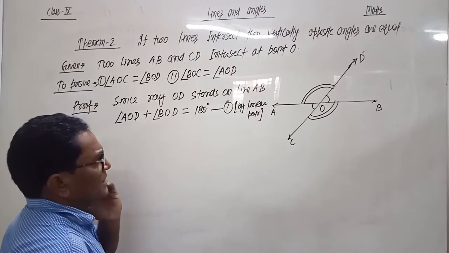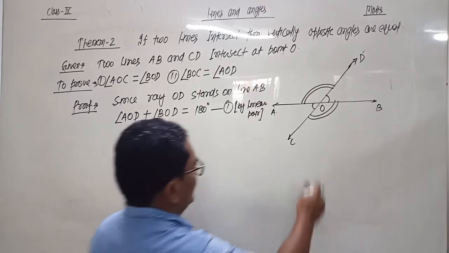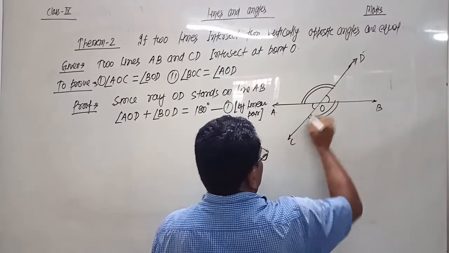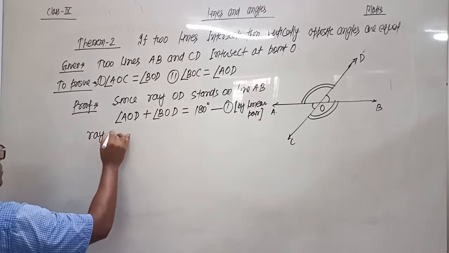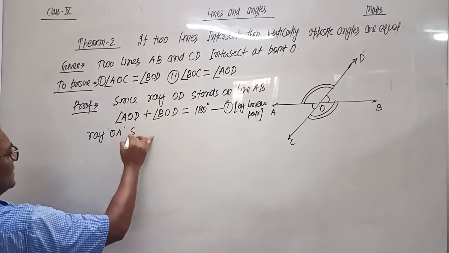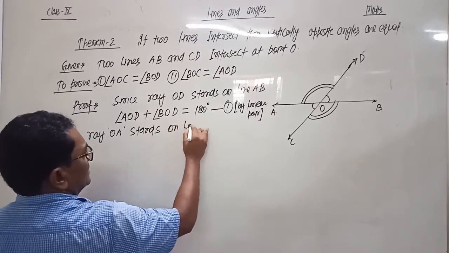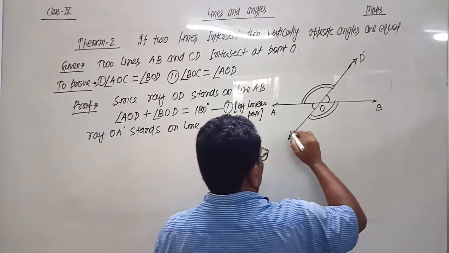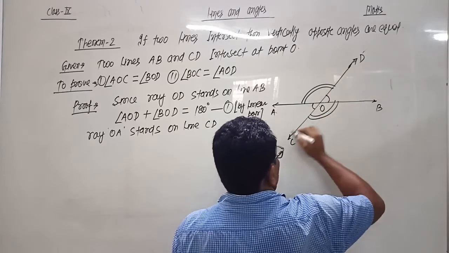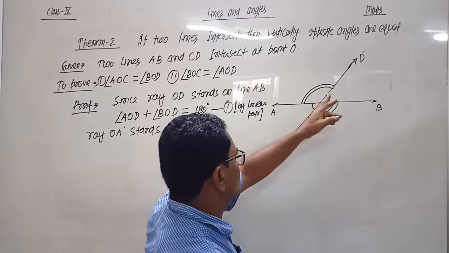Similarly, we can say that ray OA stands on line CD. On line CD, OC and OD are the opposite rays and OA lies on CD.